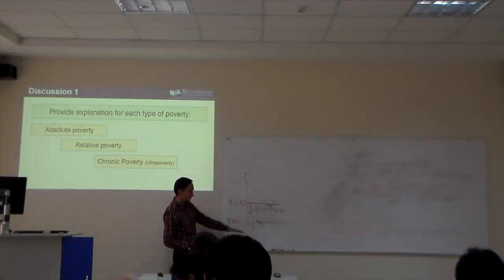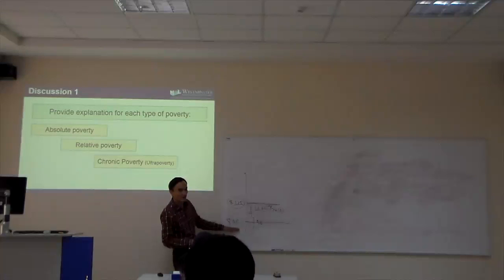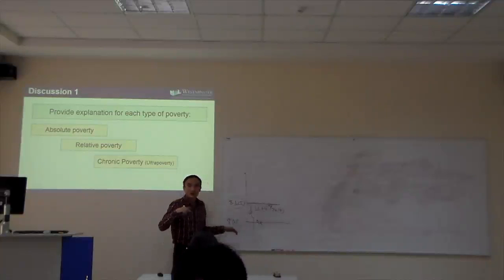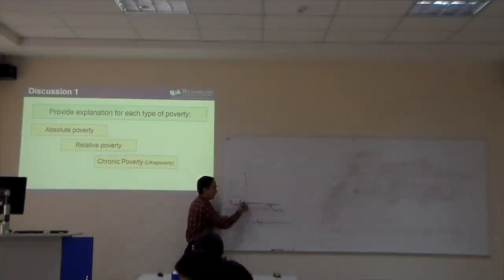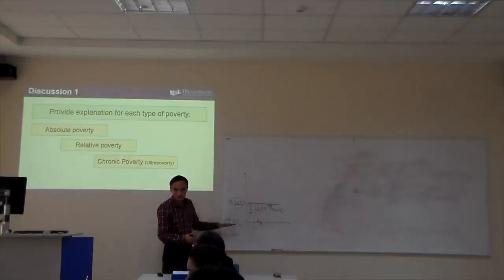If her daily income is less than half a dollar, we consider that individual as chronically poor. You can imagine if it's 1.25, if it's less than that, that individual has certain problems, right? But now you can imagine how bad the situation is for chronically poor people.